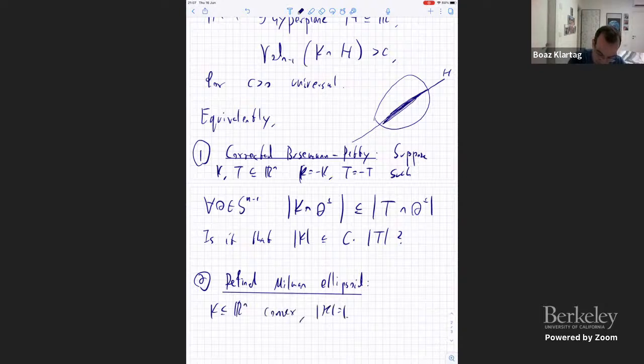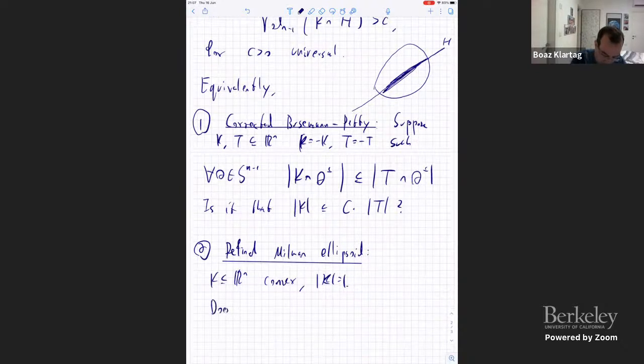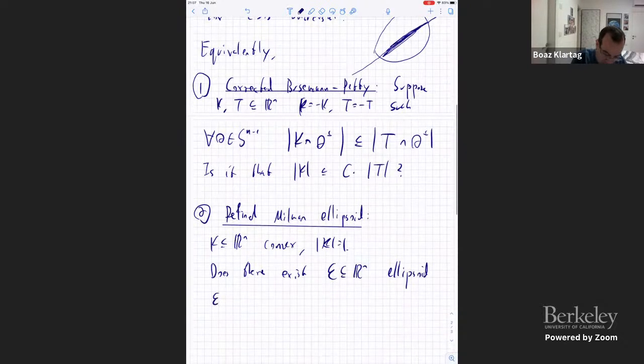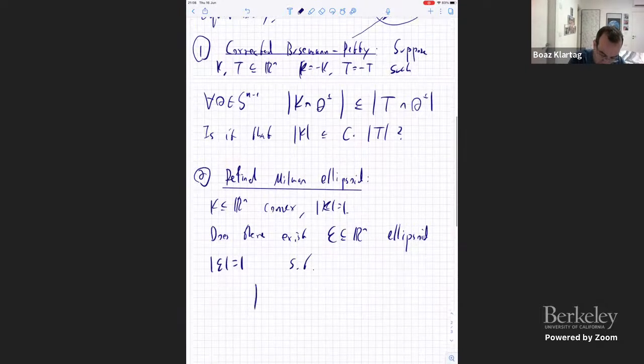And the question is, does there exist an ellipsoid of volume 1 such that if you intersect it with K, it captures, so that if you intersect K with some enlargement of the ellipsoid by a constant factor, the volume is at least 1/2.